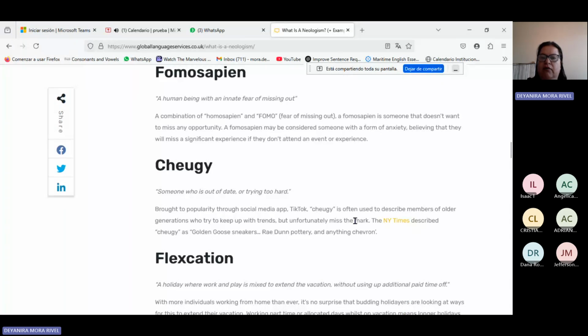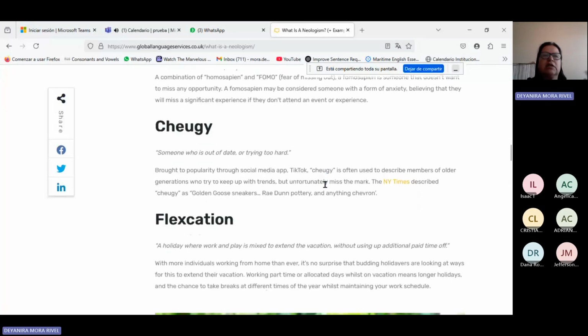It is often used to describe members of older generations who try to keep up with trends, but are not able to do it. So if an older generation tries to, let's say, change their vocabulary or maybe their dress codes, and it's bad, right?